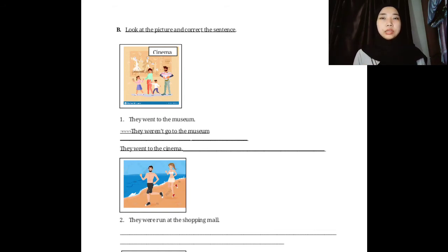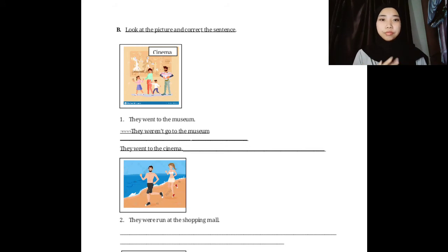As you can see in picture number 1, the statement is "they went to the museum," but the picture shows that the family is going to the cinema, so they need to correct it first, and they need to say whether they went there or not, and then correct the statement.